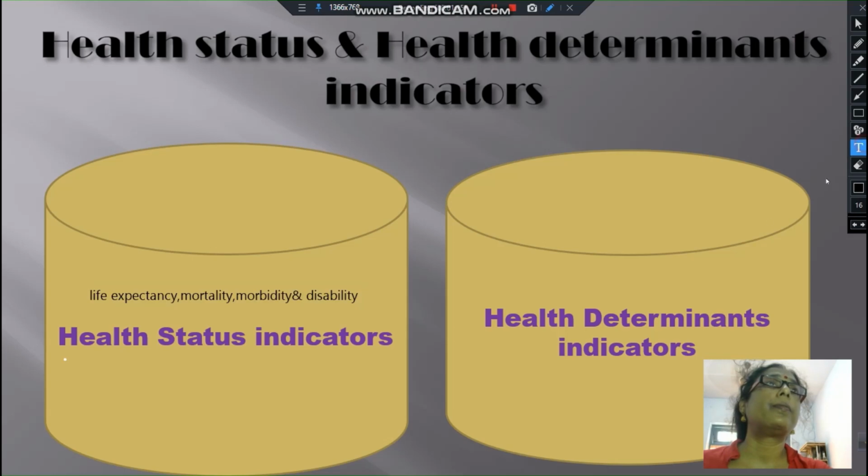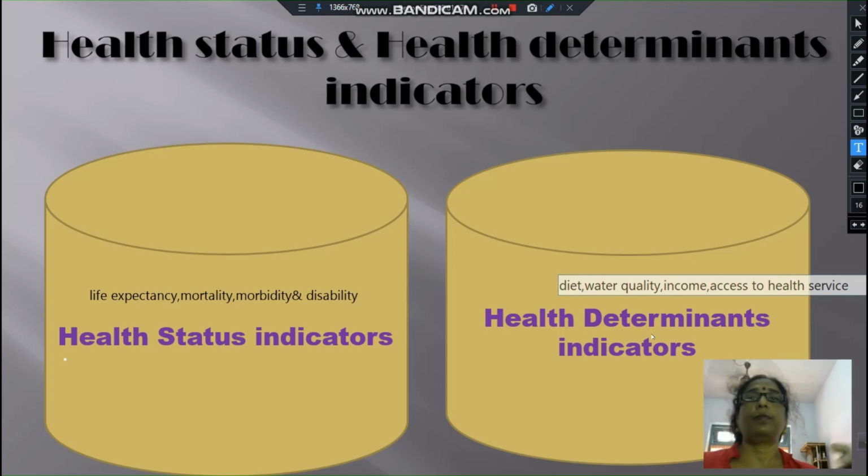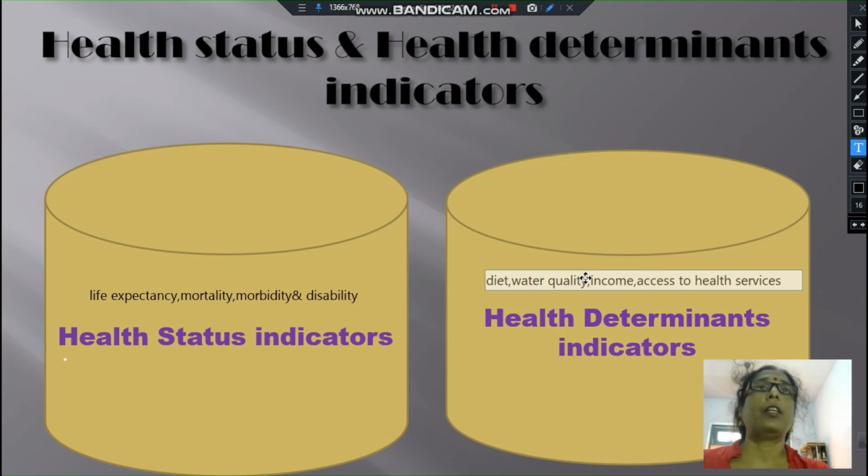That includes diet, water quality, income, and access to health services. So they all influence the health indirectly.